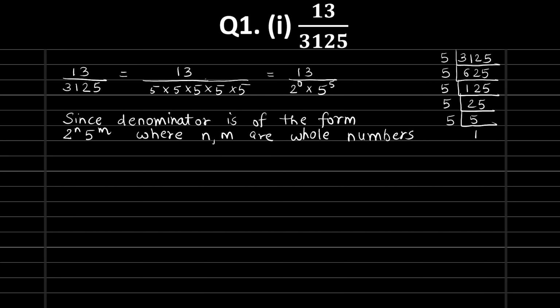The exponent of 2 is 0, which is a whole number, and the exponent of 5 is 5, which is also a whole number. So therefore, we can write down, therefore, this number 13 upon 3125 will have terminating decimal expansion.